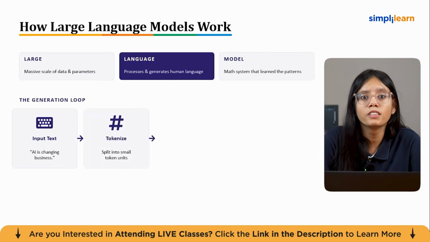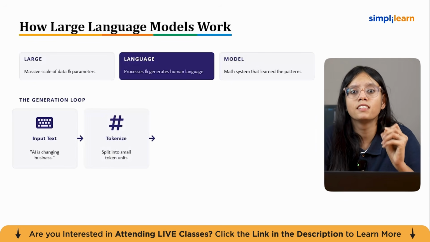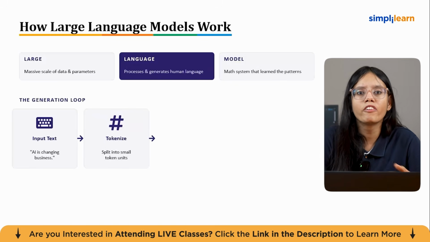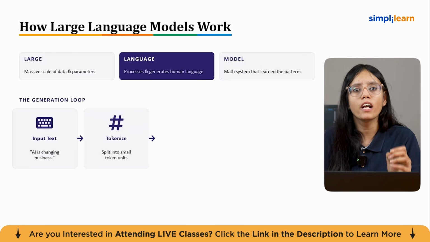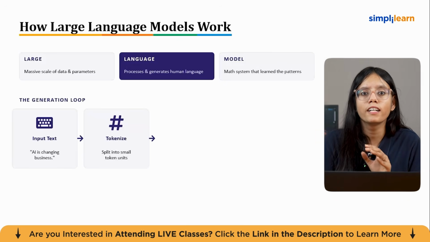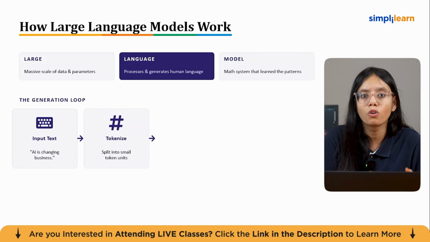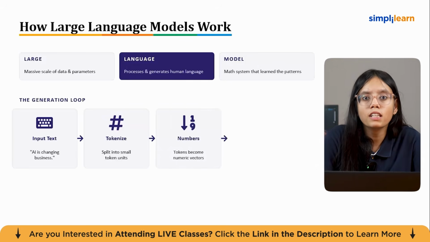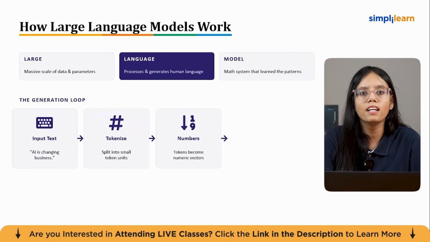Before the model processes this sentence, the text is divided into smaller units called tokens. A token might represent an entire word, part of a word, punctuation, or another textual unit depending on the tokenizer being used. Those tokens are then represented numerically so that the neural networks can process them.